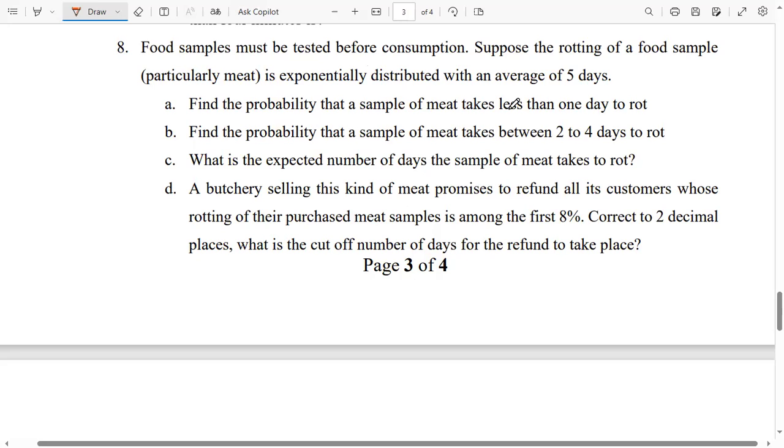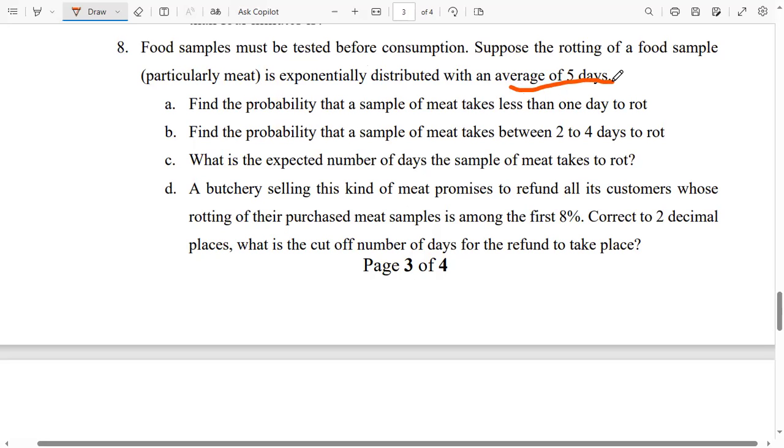So we can see here that we have only been given the average. Okay, so they're saying find the probability that a sample of meat takes less than 1 day to rot. Okay, B, find the probability that a sample of meat takes between 2 to 4 days to rot.